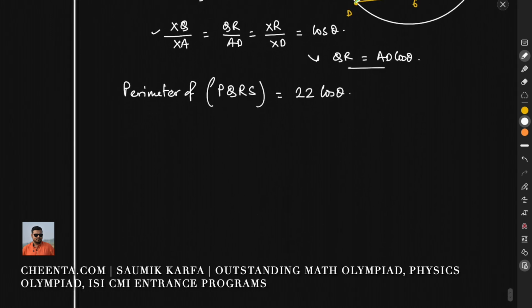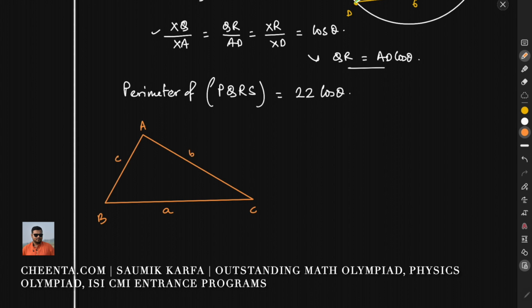Let us quickly review. In a triangle, let's say we are given a triangle ABC, where this side is a, this side is b, and this side is small c, their lengths are taken like this.